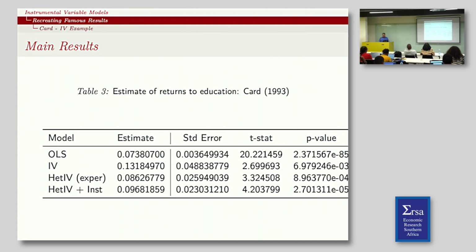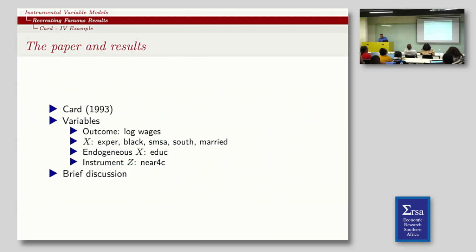So the second thing I did is I compared that. Card doesn't do this, but I have Card's data. It's widely available. I used this heteroscedastic IV approach where I used experience as the instrument. I didn't actually say this clearly enough, so let me go back.